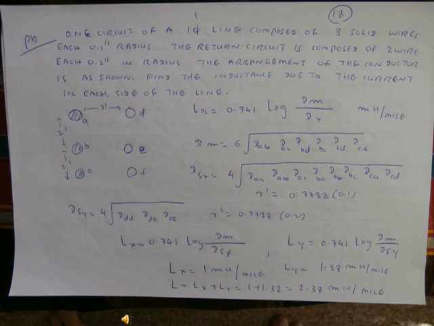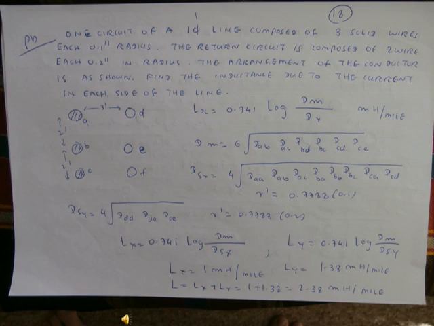per mile. So DM is equal to the 6th root of DAD, DAE, DBD, DBE, DCD, and DCE. So DSX is equal to the 9th root of DAA, DAB, DAC, DBA, DBB, DBC, DCA, DCB, DCC. So R is equal to 0.788 multiplied by 0.1.